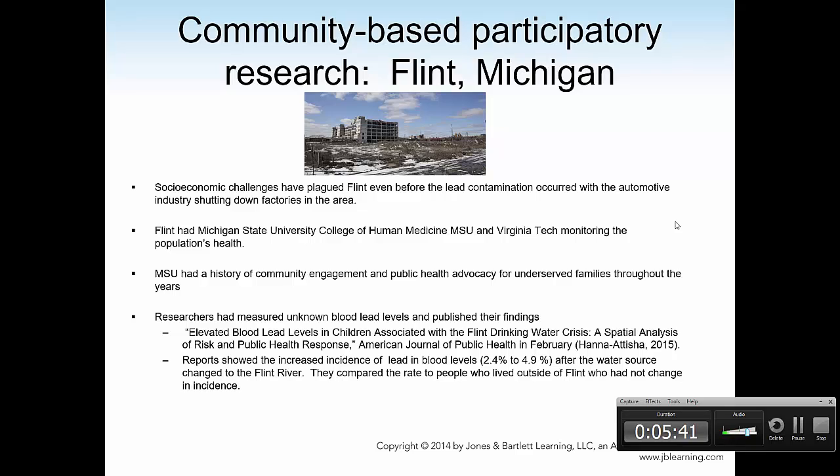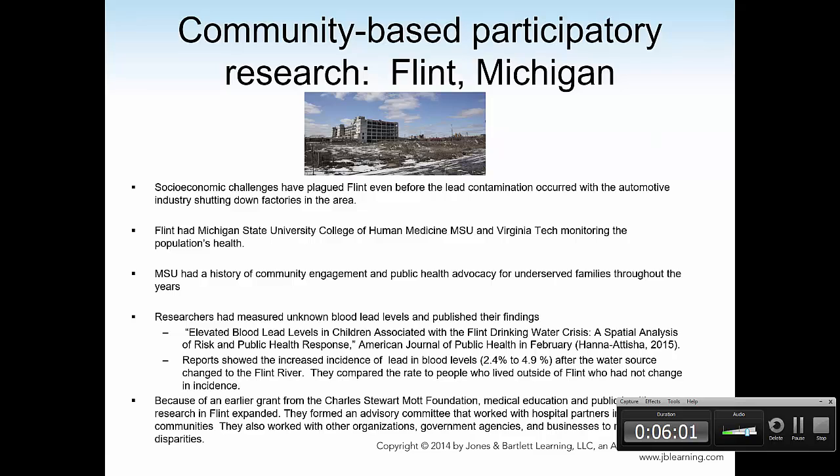But the study did a good job of comparing rates of people who lived inside of Flint versus those people who lived outside of Flint. And the people outside of Flint did not have any increase in lead levels in children. So this is what the study did.